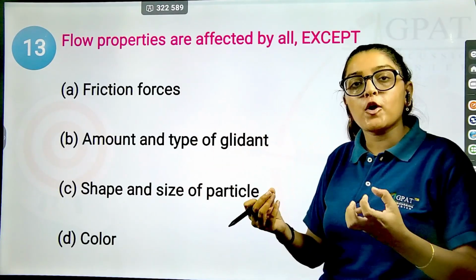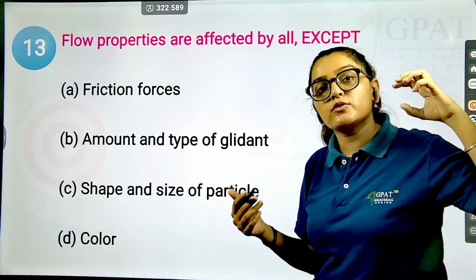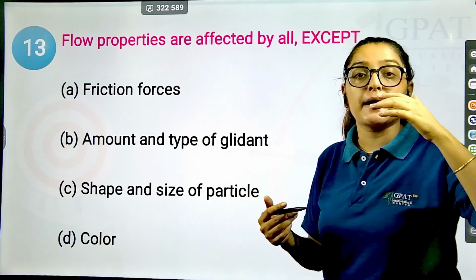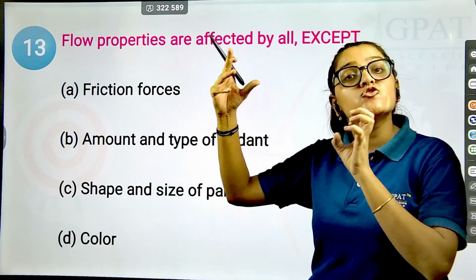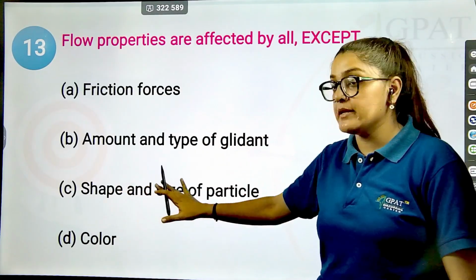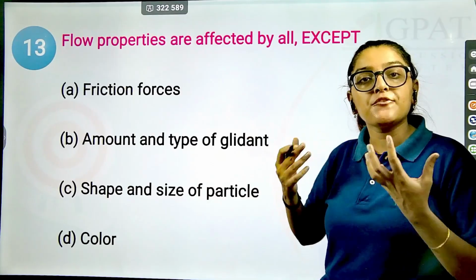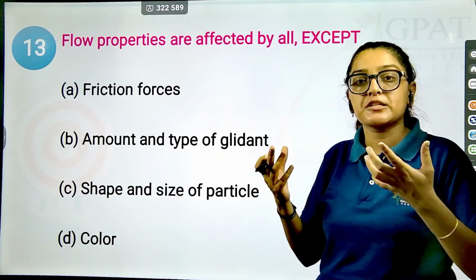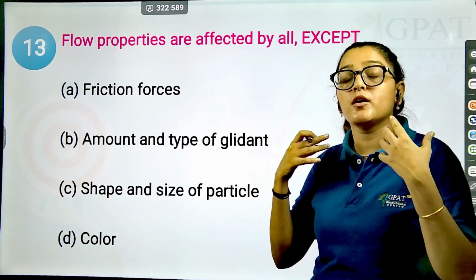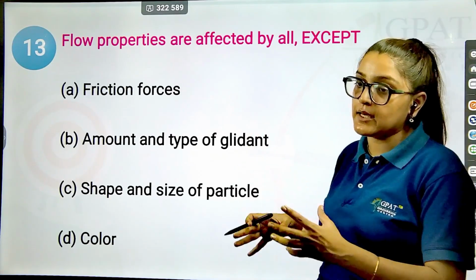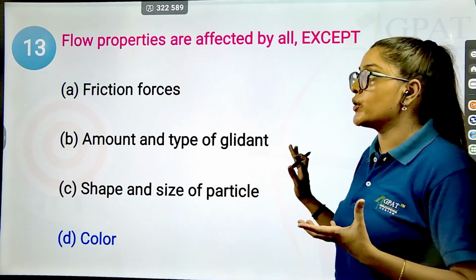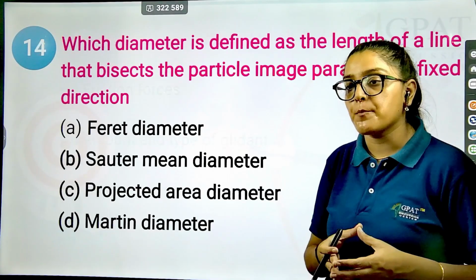Then the flow property will depend upon the particle shape and size, because it will affect the final packing geometry of the powder, which eliminates option C. Then frictional forces: friction stops any particle from moving, so definitely it will be affected. So we have color as the right choice, which is not going to impact the flow properties of the powder.